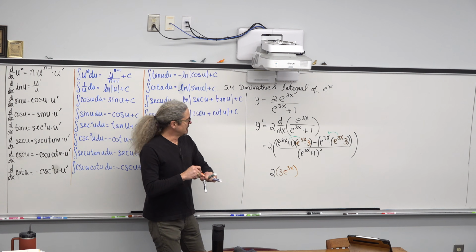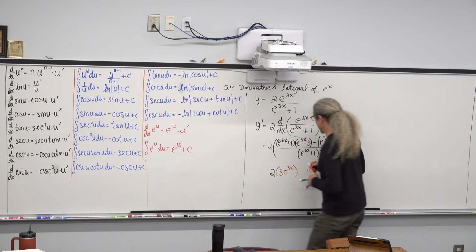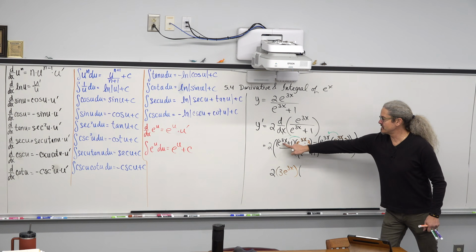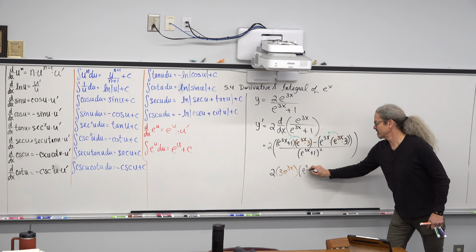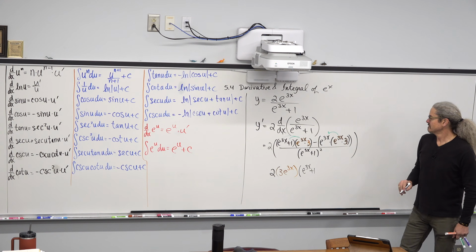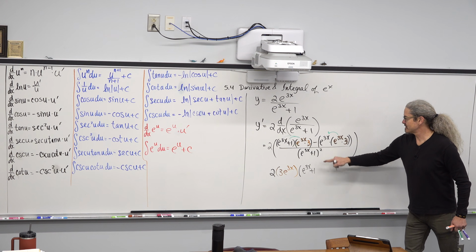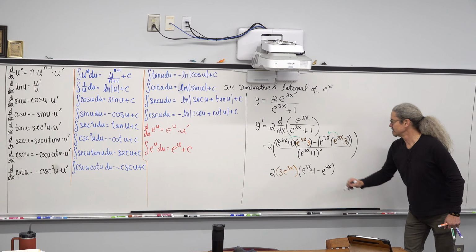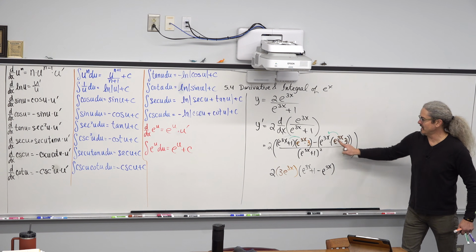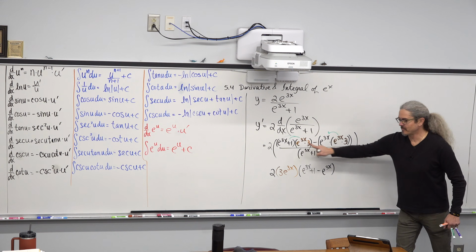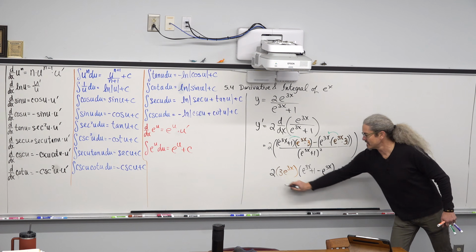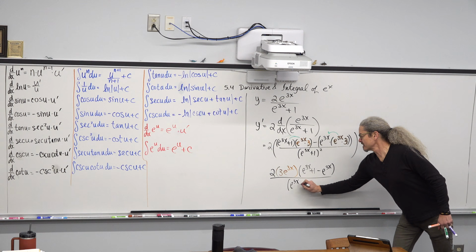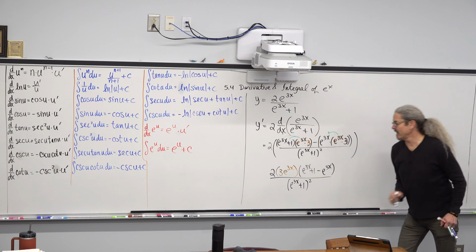And then what's left in our numerator is e to the 3x plus 1 minus e to the 3x, right? Because we factored out that 3 times e to the 3x from these two terms, and it's out front, all over e to the 3x plus 1 squared.